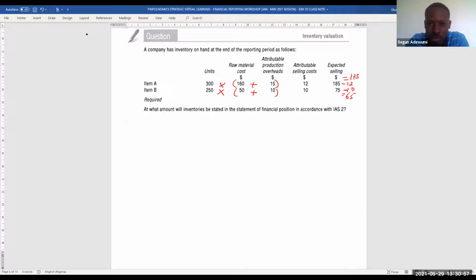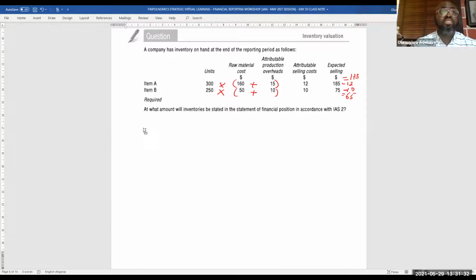So the amount to be recognized as the value of inventory will be the lower of the cost that we have initially computed and the net realizable value. Now, are you going to do it on a global basis or on an item by item basis? We are going to do it on an item by item basis, which is item A and item B separately.